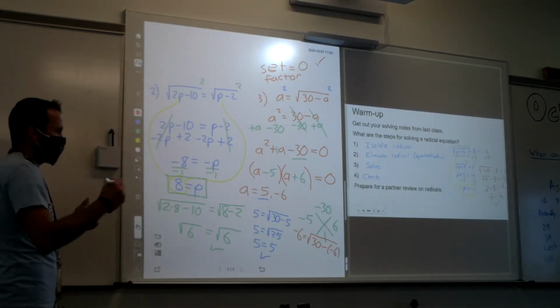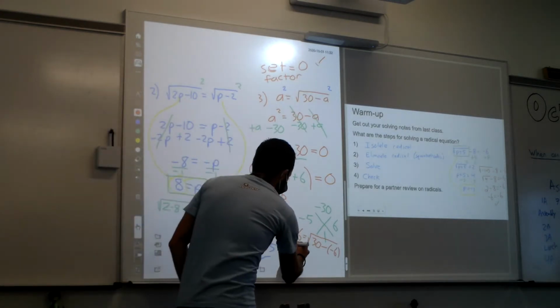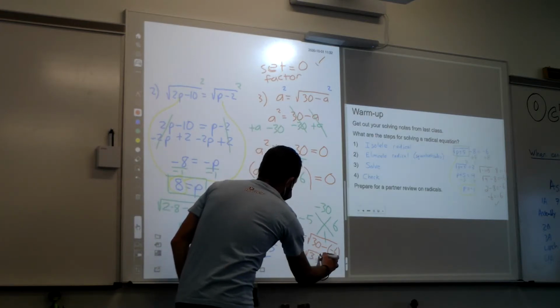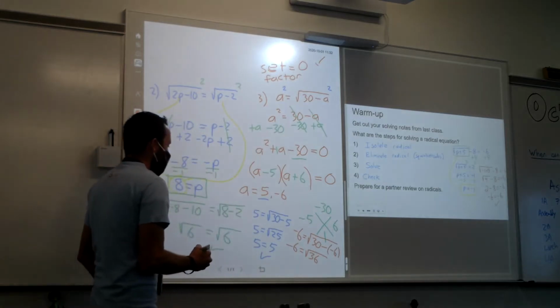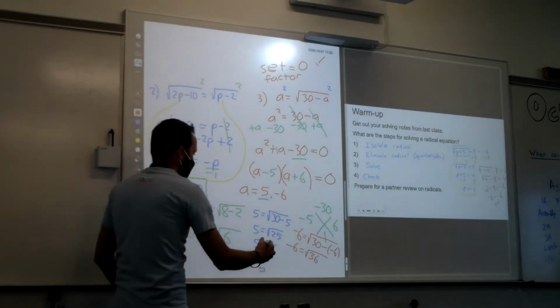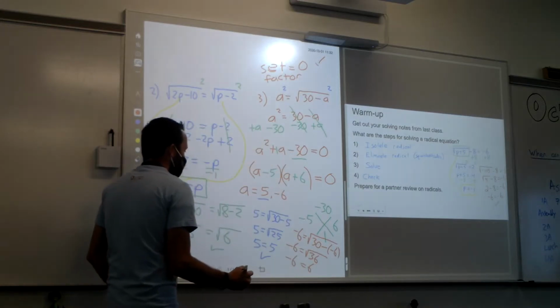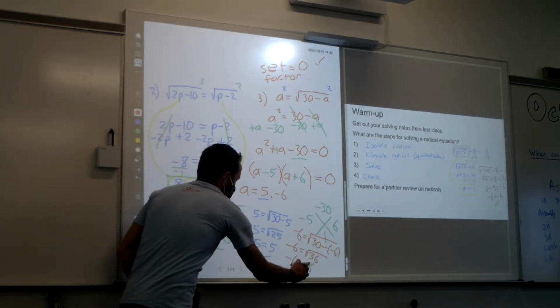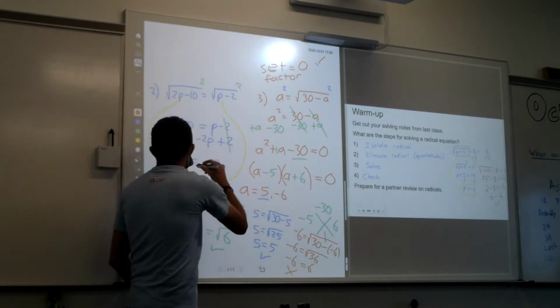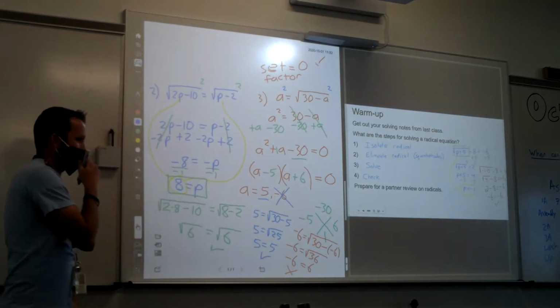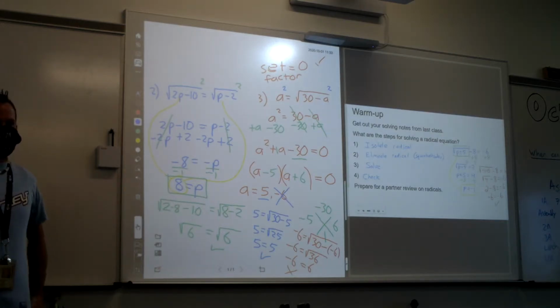What happens when we minus a negative? We get a positive, so 30 plus 6 is 36. And the square root of 36 is 6. Is negative 6 equal to 6? No, it's not. So what kind of solution do we have there for negative 6? It's an extraneous solution.